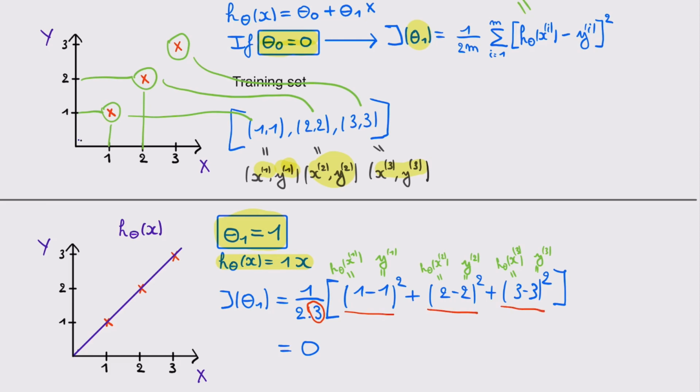The first training example has x equal to 1 and y equal to 1. If we plug this x value into our hypothesis we get an estimated value of 1 times 1. So h of x with x equal to 1 is 1 and y is 1. So, we get 1 minus 1. Next we can do the same for the second and third training example, which will give us 2 minus 2 and 3 minus 3. If we calculate the value of the cost function for theta 1 equal to 1, we find a value of 0.